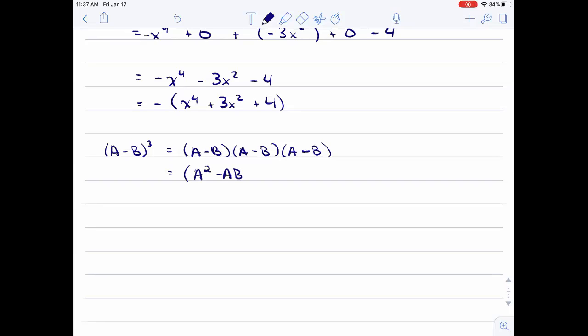And then because I'm going to collect these, I'm actually going to write it as minus ab again, even though it's minus ba, but because I'm multiplying, the order doesn't matter. So minus ab, and then plus, because it's negative b times negative b, so plus b squared. And then all that is going to be times a minus b.